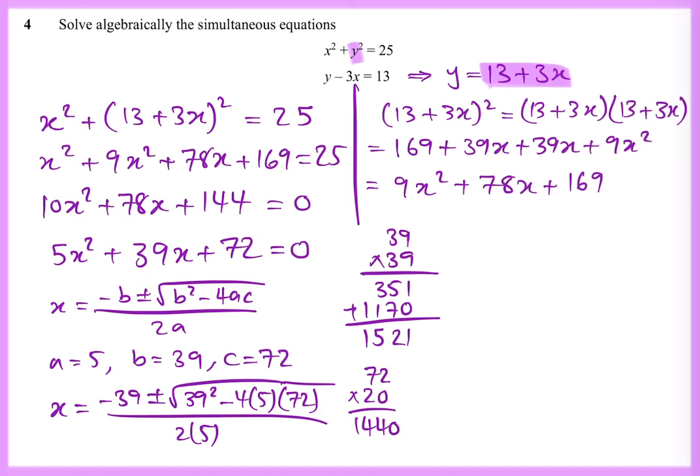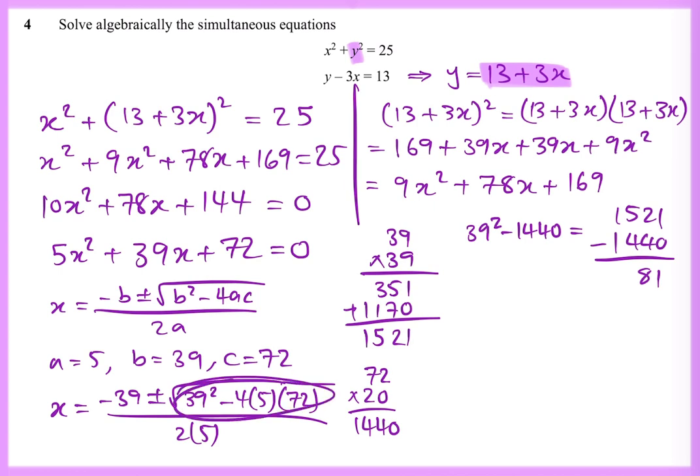Then take them away: 39 squared take away 1,440, that's 1,521 subtract 1,440, which looks like it's going to be 81, so that's good. So this bit becomes the square root of 81, which is 9.